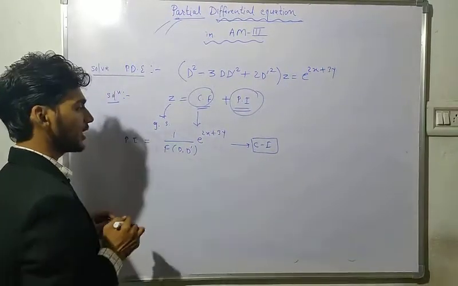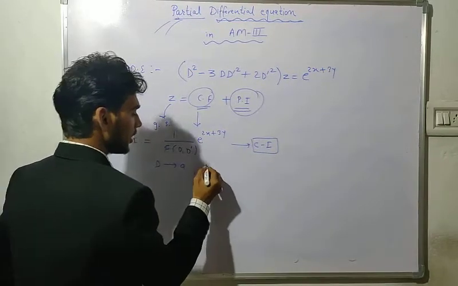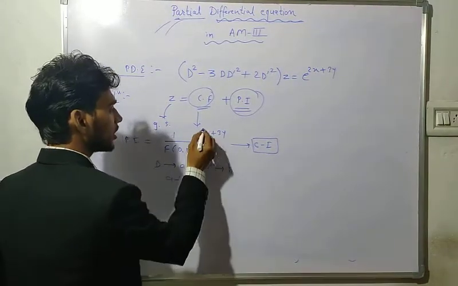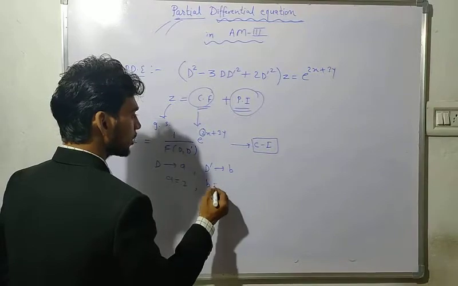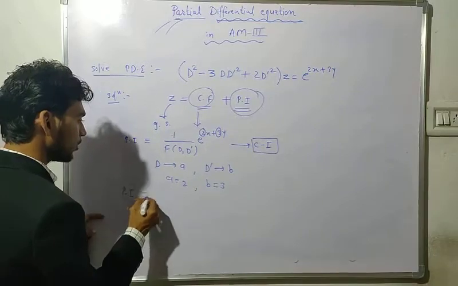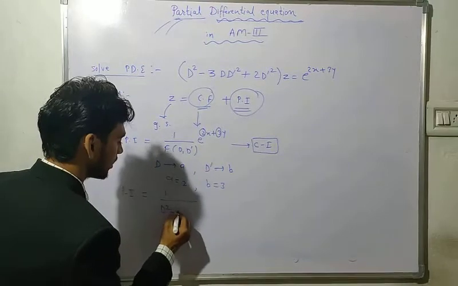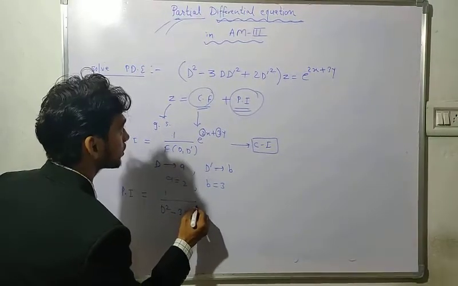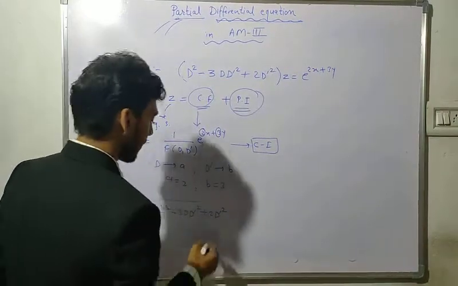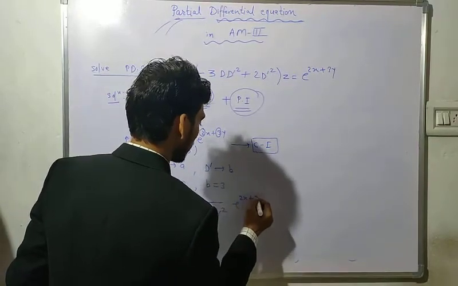For case 1 we replace D by a and D' by b. Here a equal to 2 and b equal to 3. So PI equal to 1 upon (D squared minus 3DD' plus 2D' squared) into e to the power 2x plus 3y.